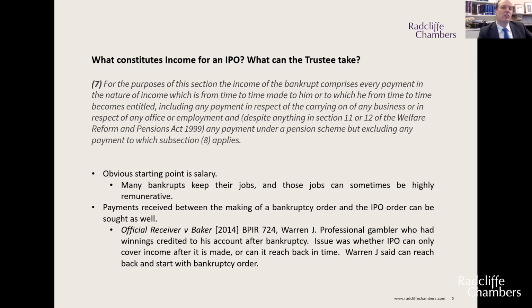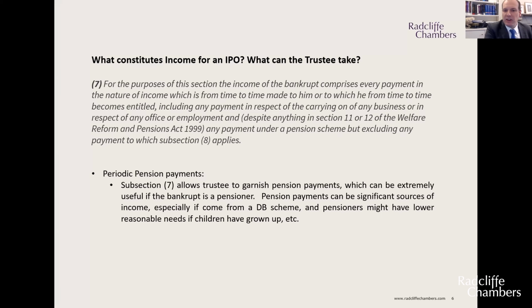So you don't just need to look into the future to see what might come down the road. You should also look to see what has come in the door, essentially, between the bankruptcy order and you actually making the application. But what about pension payments?